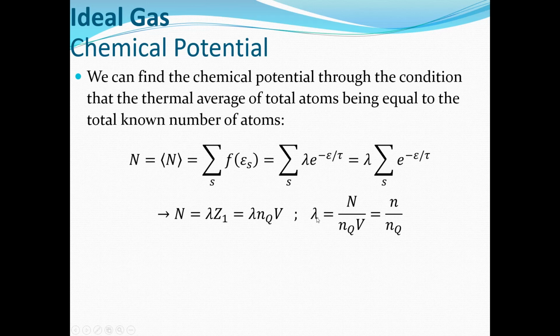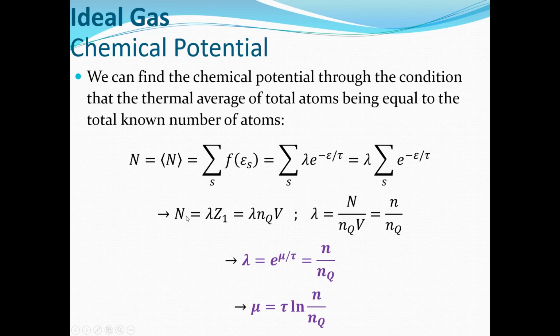We can actually rewrite the lambda term, so it looks like this. And we pretty much come back full circle to that term that we had before. So again, this is just saying that we can find the chemical potential by doing this method, and this is exactly what we got in the previous classes.